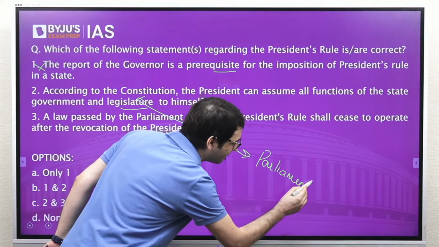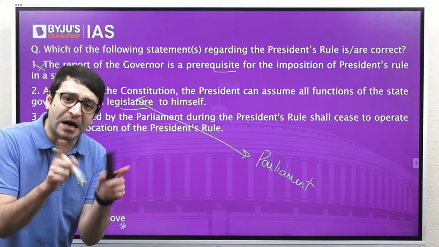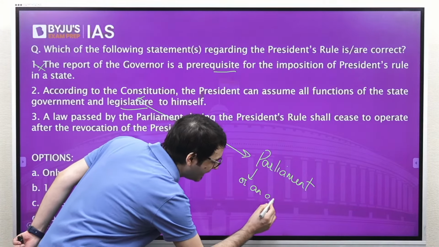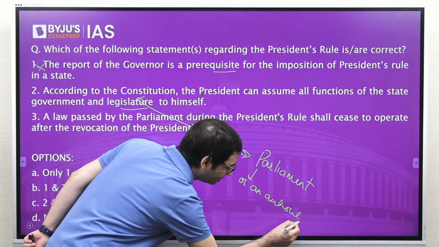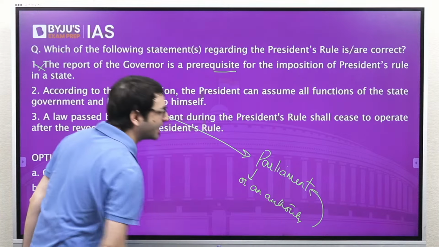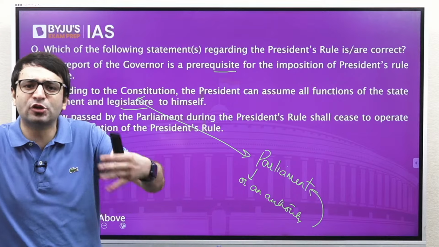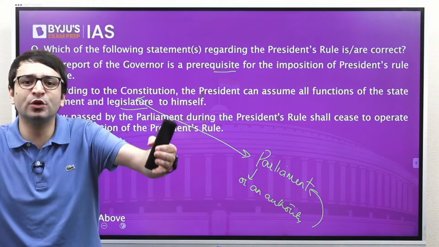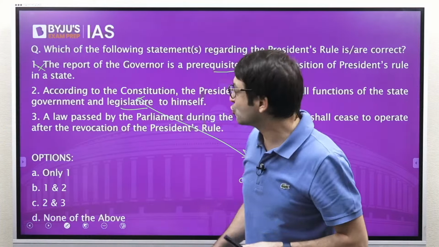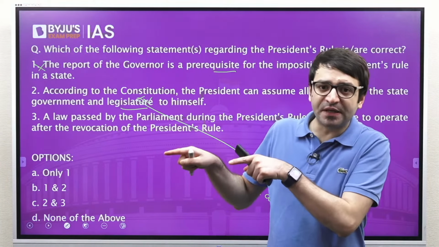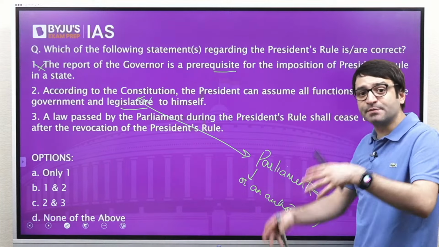In his proclamation, the President may say that the power of the state legislature shall be vested with the Parliament or an authority authorized by the Parliament. So the President can assume all the executive powers to himself when President's rule is imposed, but he cannot assume the powers of the legislature of that state, because the powers of the legislature shall be exercised by the Parliament.